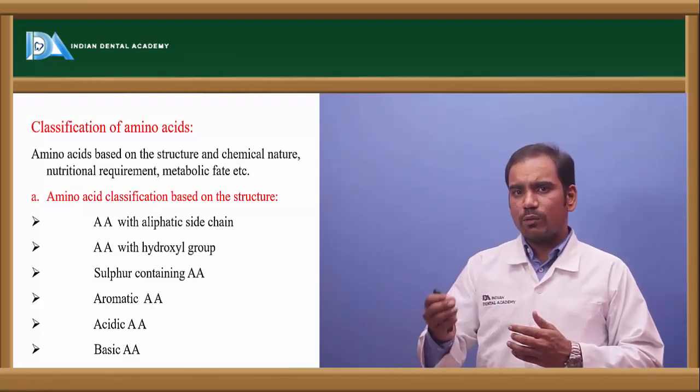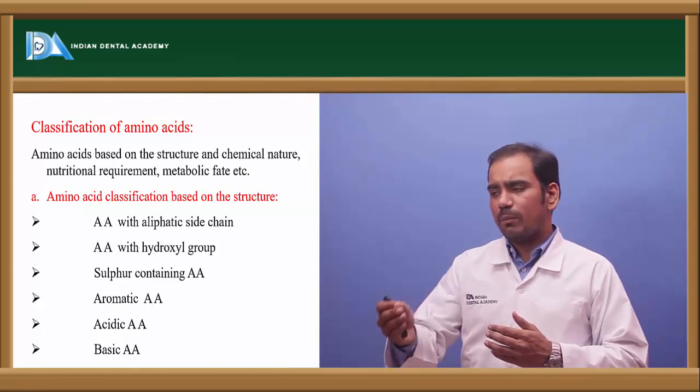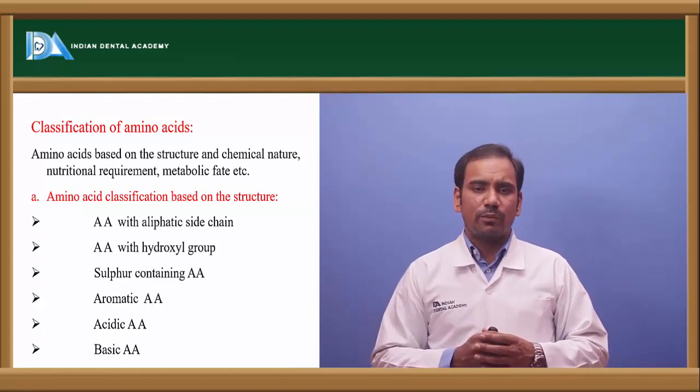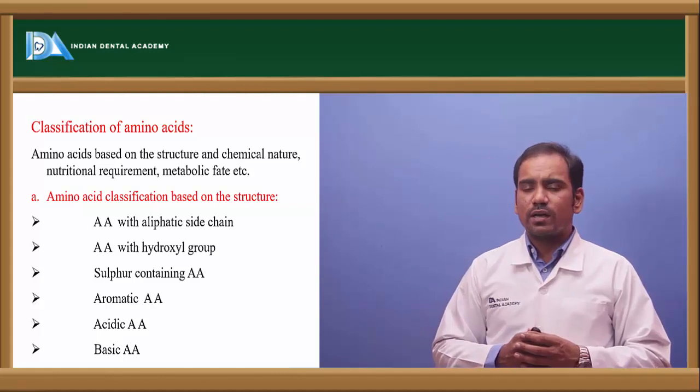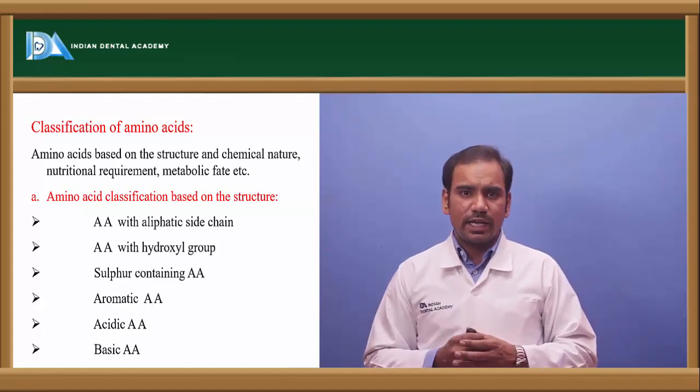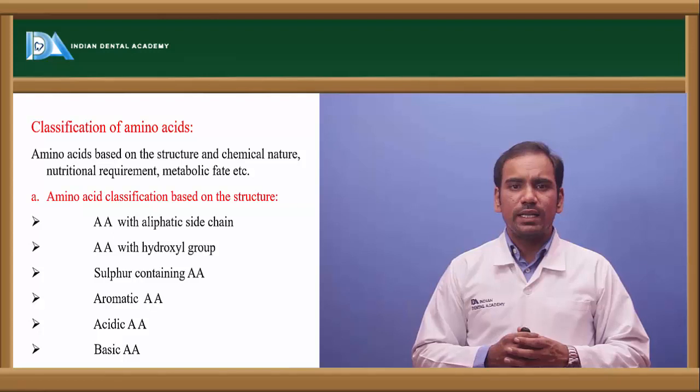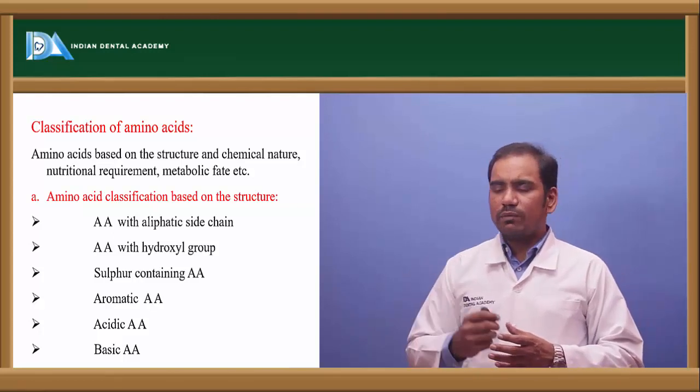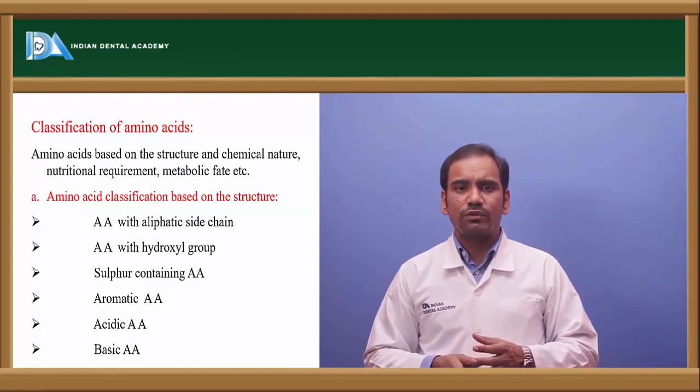Basic amino acids have one additional amino group. Acidic amino acids are glutamic acid and aspartic acid, and basic amino acids are lysine and arginine. So this is in brief the classification of amino acids based on their structure.